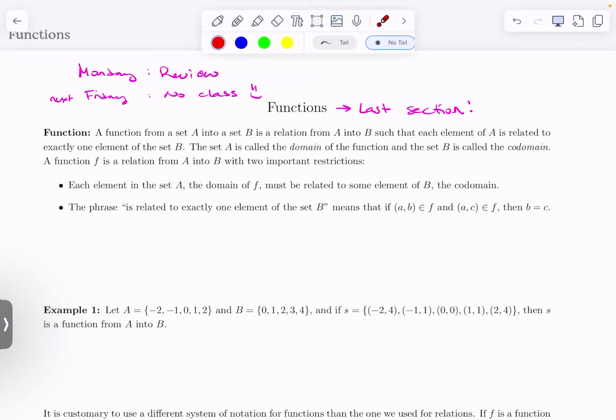All right. So functions, you've probably seen functions before. Functions are things like f of x is, I don't know, mx plus b. A line is a function, right? That's function notation, which we've kind of avoided so far because we haven't technically talked about functions. We've talked about functions, but not called them that.